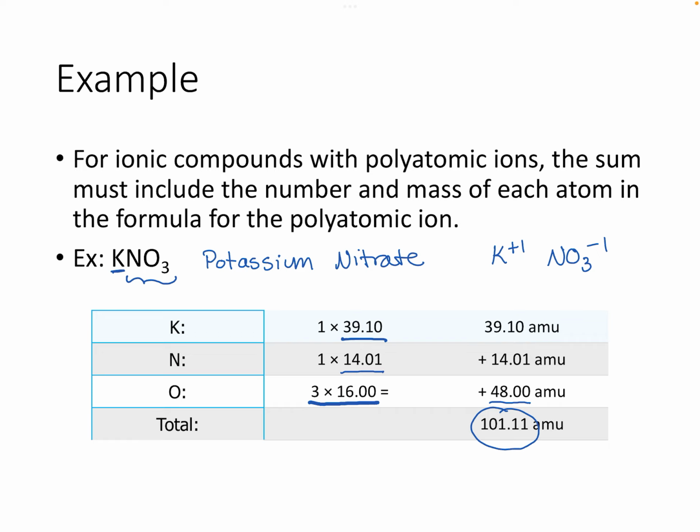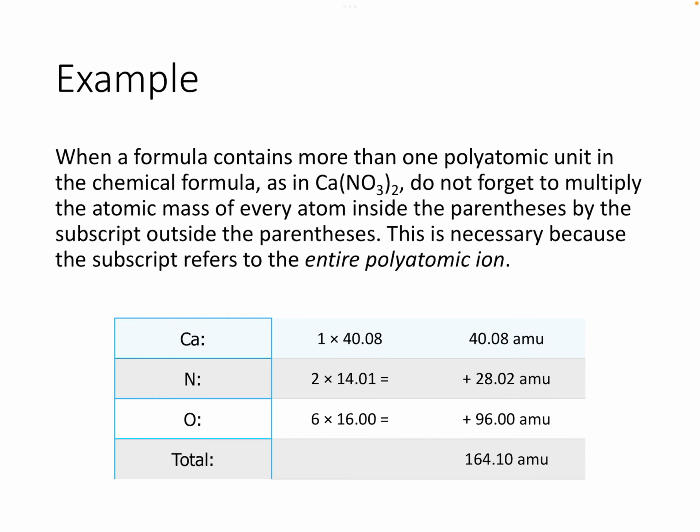Now, what if we have a situation where there's multiple polyatomic ions in our formula? So, for example, let's look at calcium nitrate. So there's only one calcium, and then we have NO3, but there's 2 of them. So what we have to do is carry that 2 into our parentheses.